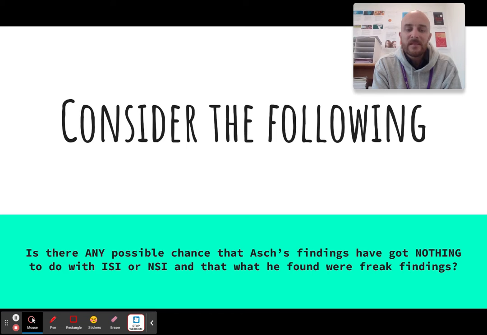So this question down the bottom here is actually quite an important starting point. Is there any possible chance that Asch's findings with conformity, or Milgram's findings with obedience, or Ainsworth's findings with attachment styles, have got nothing to do with obedience or child rearing patterns, and that what they found were complete freak findings?